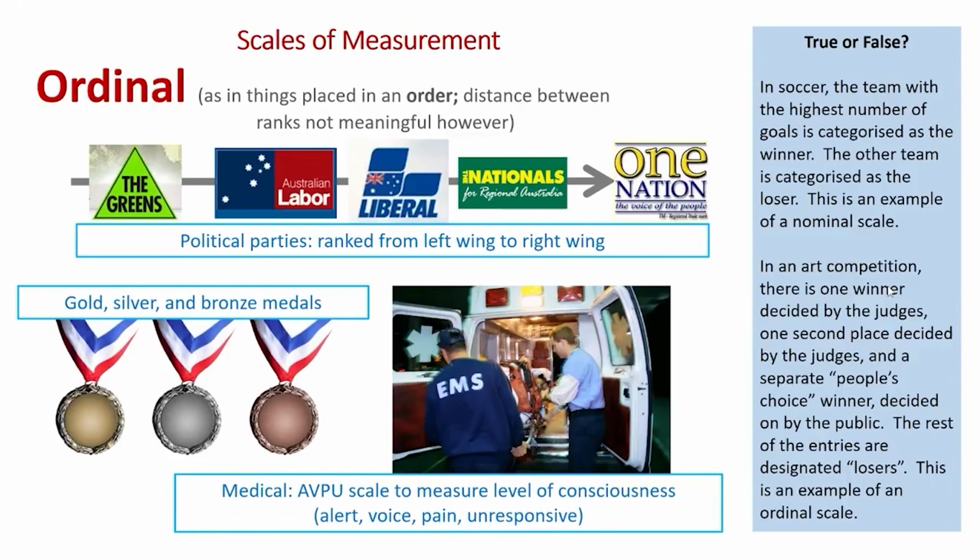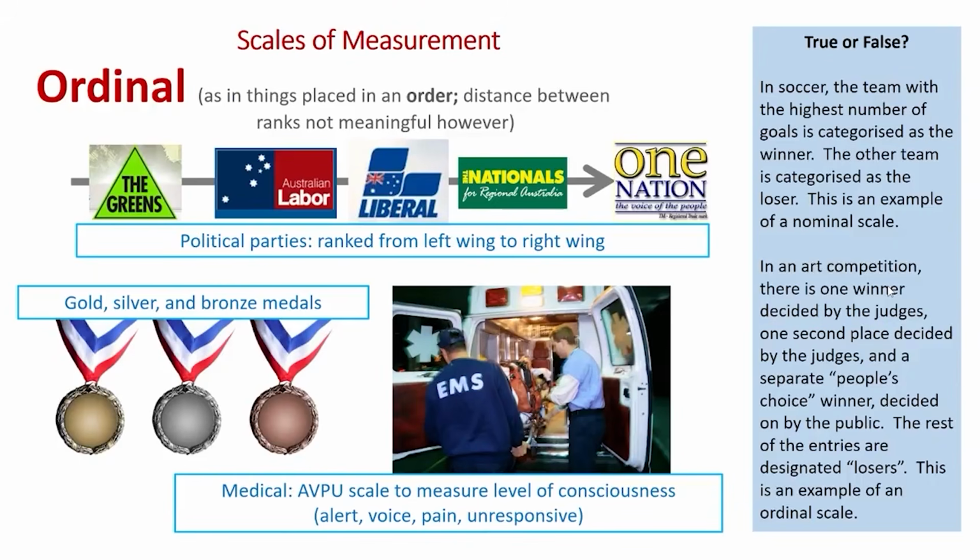So they're responding on some level, but they're not responding to your voice, and they're obviously not alert. And the final level is unresponsive: you can pinch them all you like, and they just won't respond, which means they are completely unconscious.